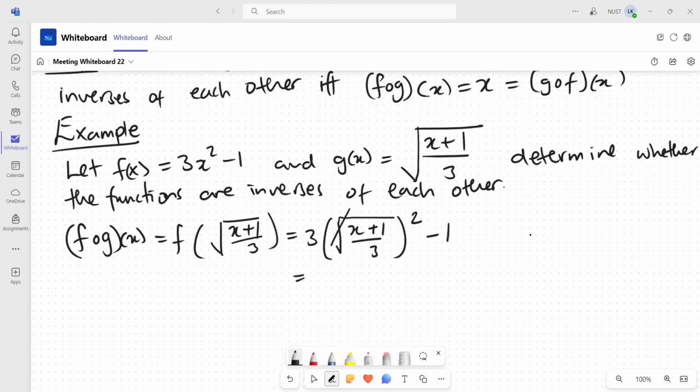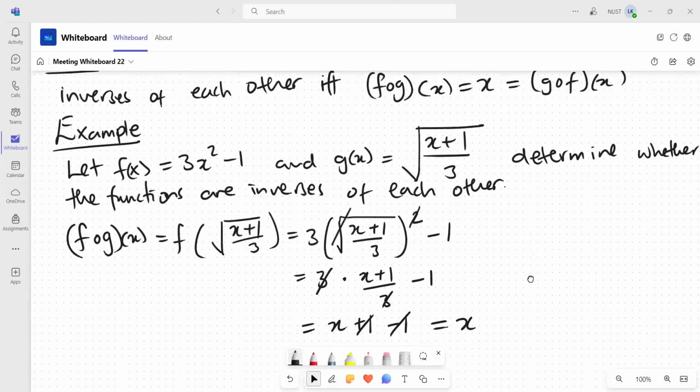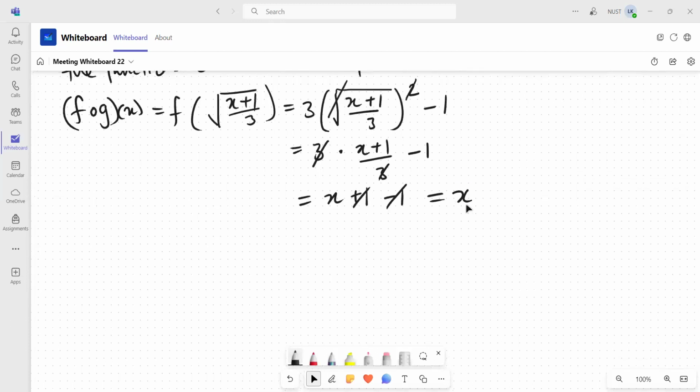Here the square root and the squared cancel. So we have 3 multiplied by (x plus 1) over 3, minus 1. Then the 3s cancel. So I have x plus 1 minus 1. Minus 1 and plus 1 is 0, so I'm just left with x. So we can see that f composed with g gives me x.